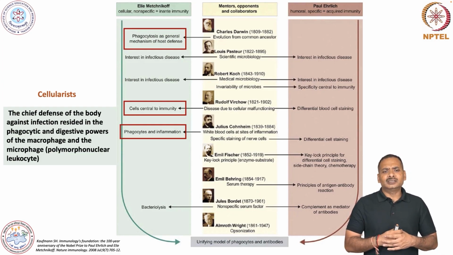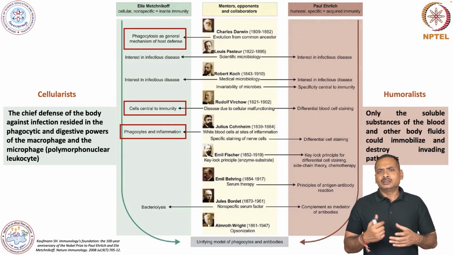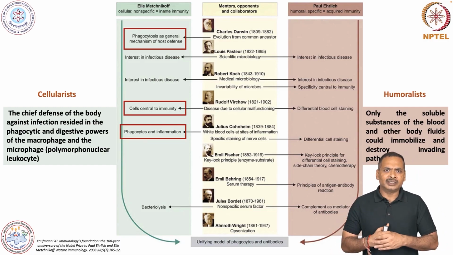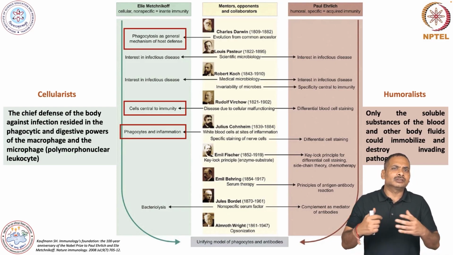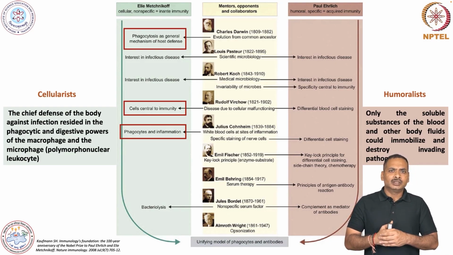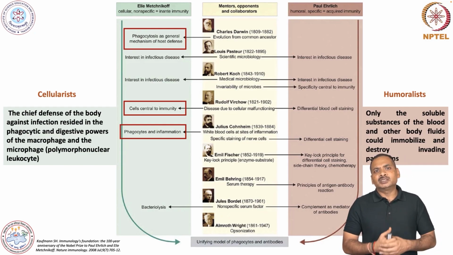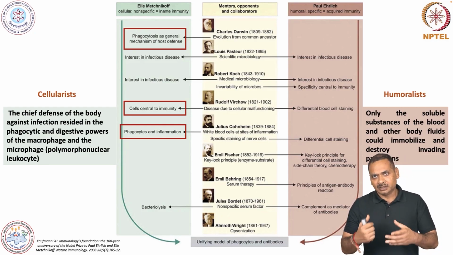On the other hand, there is another school of thought, which we call the humoralists. Humoral means the soluble component. Okay, the soluble component which is present in body fluid, mainly blood.